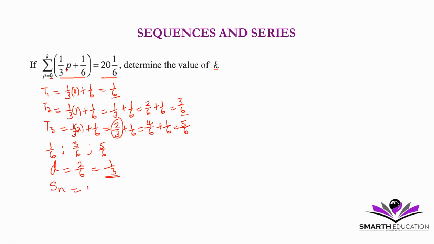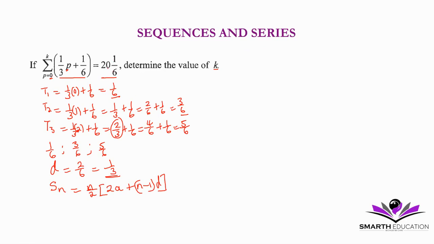Sn is equal to n over 2, then 2a plus (n minus 1) d. So our Sn is 20 and 1 over 6.